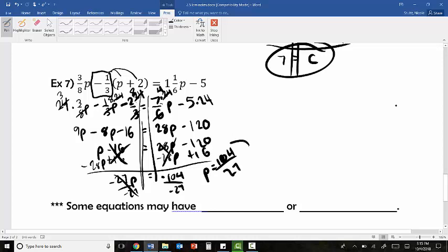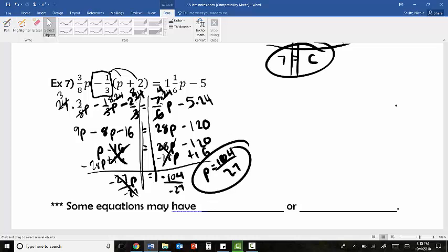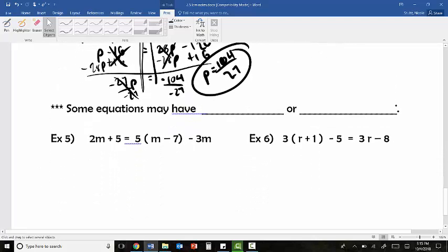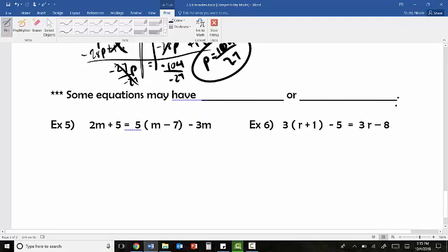All right, so you should end up getting 104 over 27, and you can just leave your answer just like that. That is fine. Really quick, I want to talk about special equations.